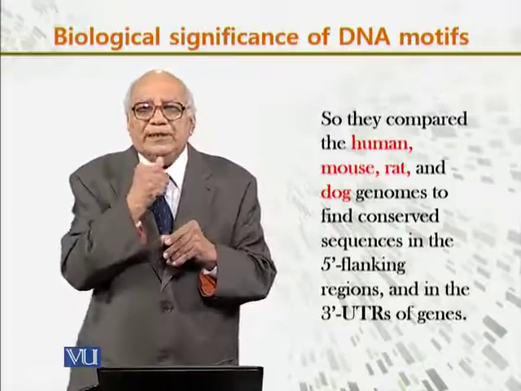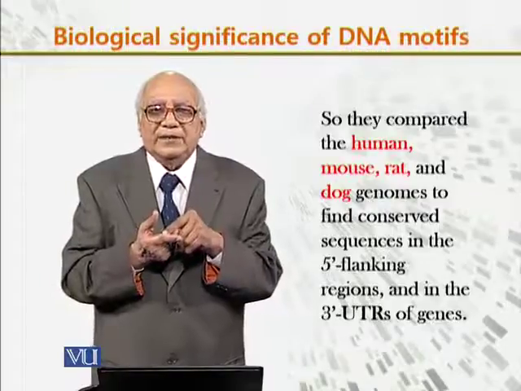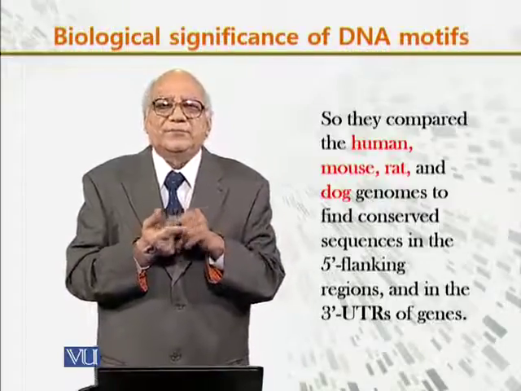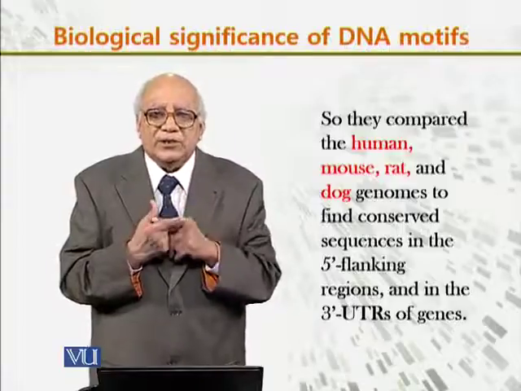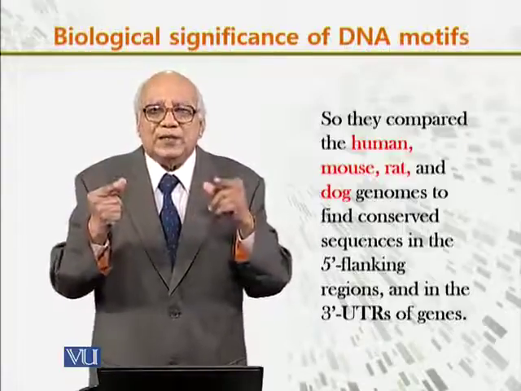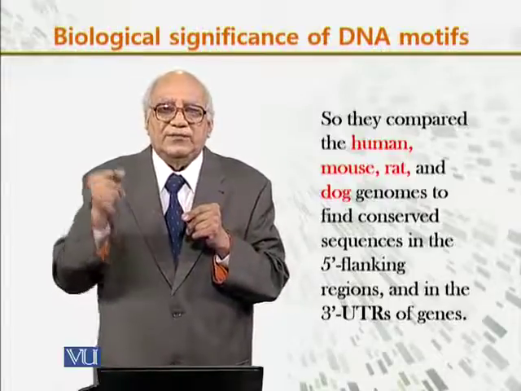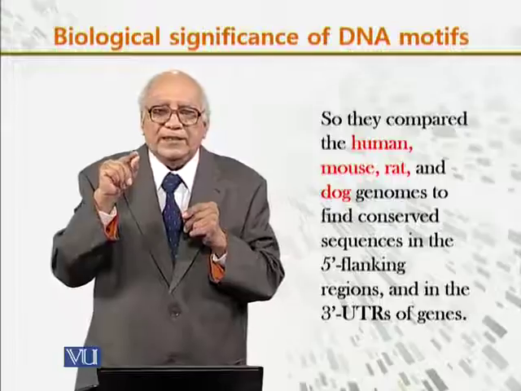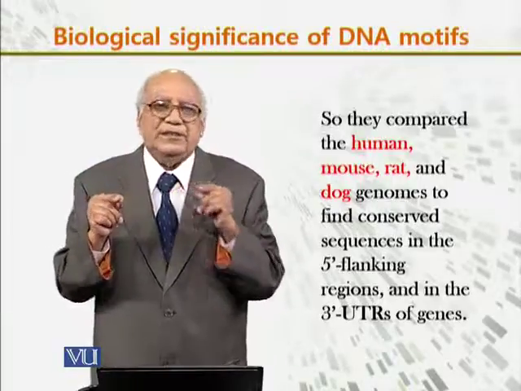So they compared human, mouse, rat, and dog. They took the human, mouse, rat, and dog genomes to find the conserved sequences in the 5' flanking region and in the 3' untranslated region of the gene.